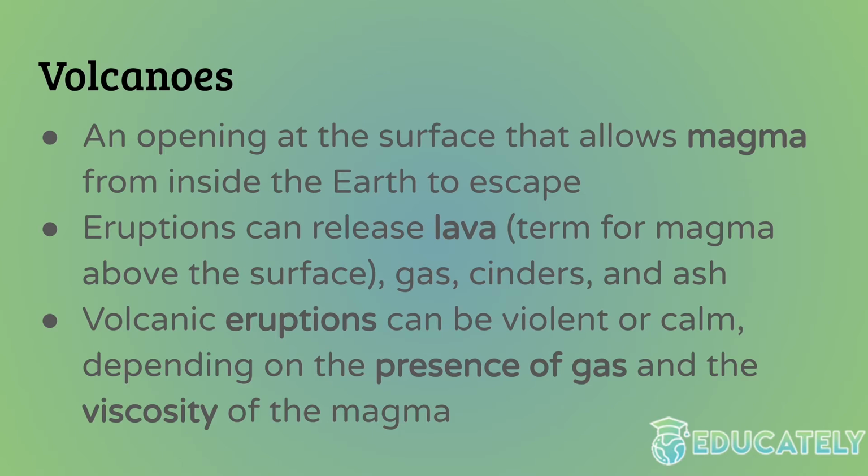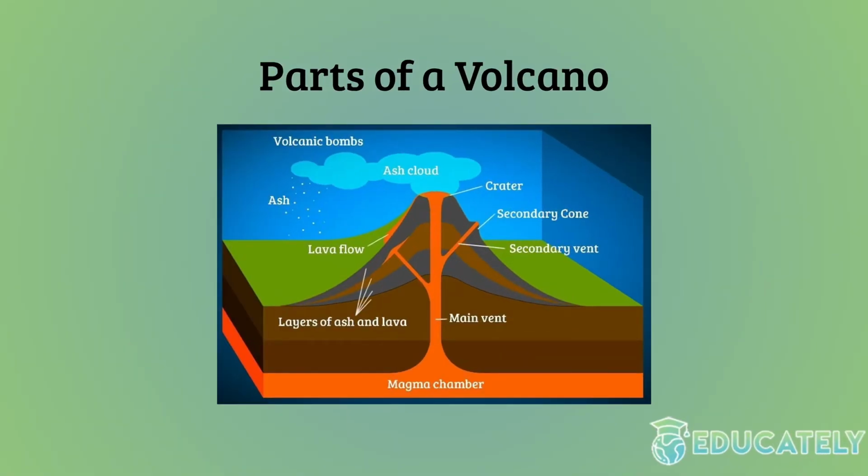Sometimes gases cause a more explosive reaction, and oftentimes when the magma is more viscous, which means it's thicker and less like a liquid, it's involved in more explosive eruptions that have more gas.